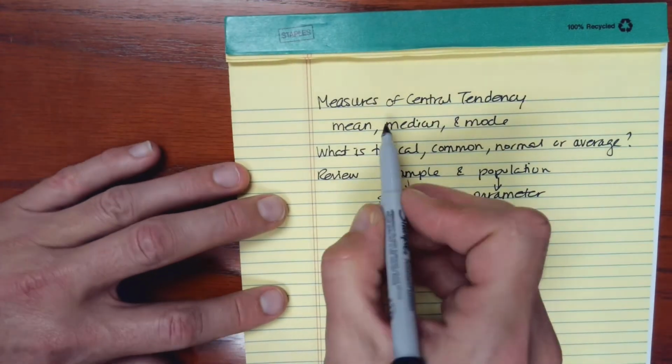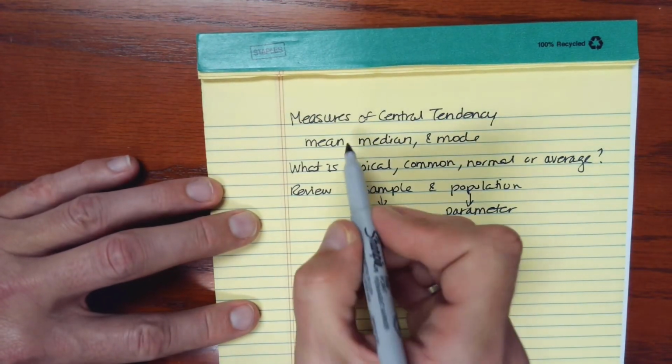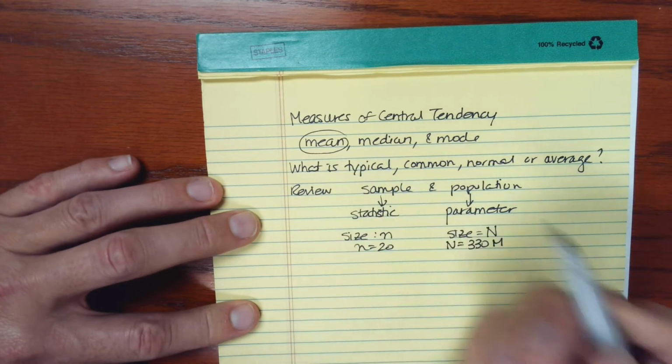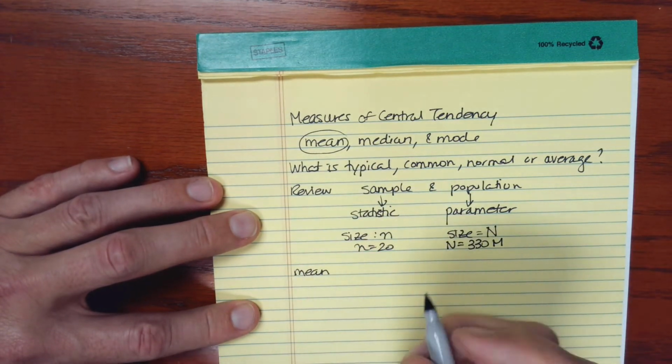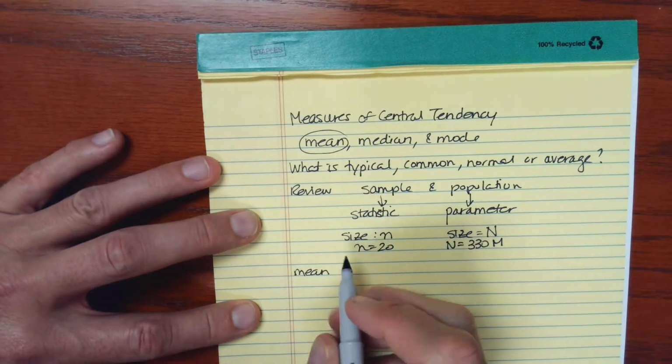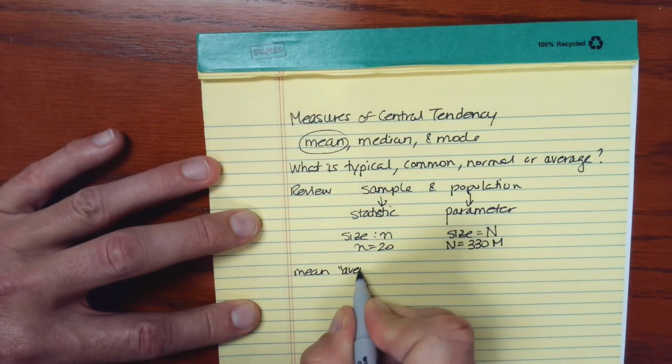I bring that up because one of the first measures of central tendency that I'll discuss is the mean. So the mean is, in everyday speak, often referred to as an average.